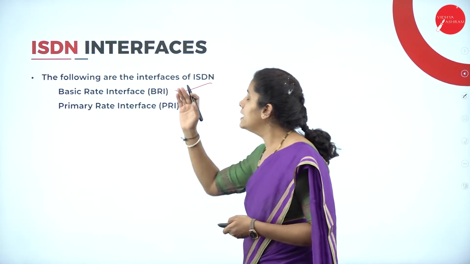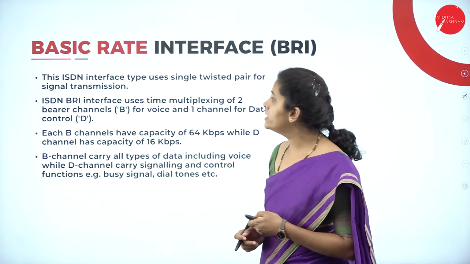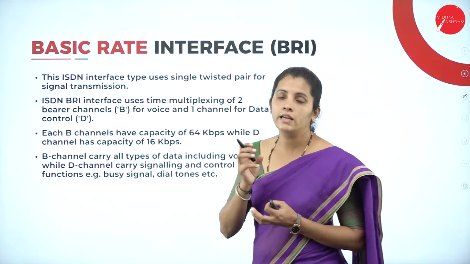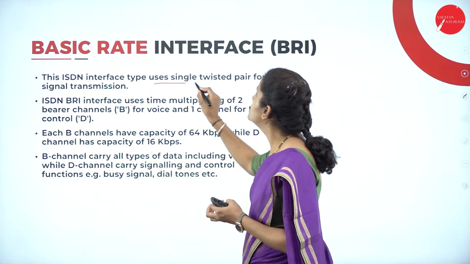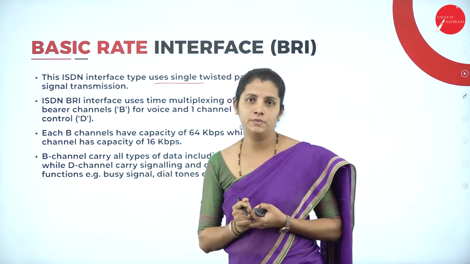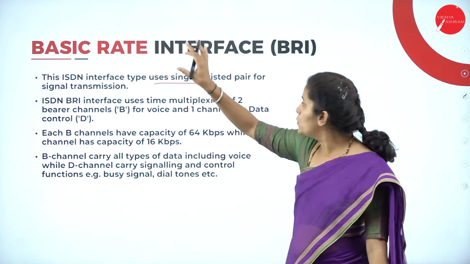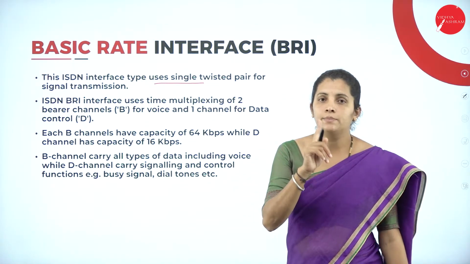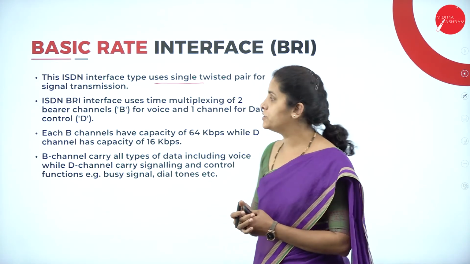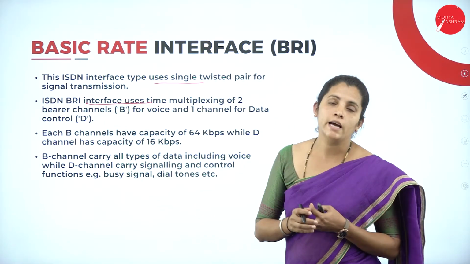Moving further, let's see what is the Basic Rate Interface. The Basic Rate Interface is a type that uses a single twisted pair for signal transmission. That means in BRI, we are going to use one twisted pair cable for signal transmission. The BRI interface uses time multiplexing.